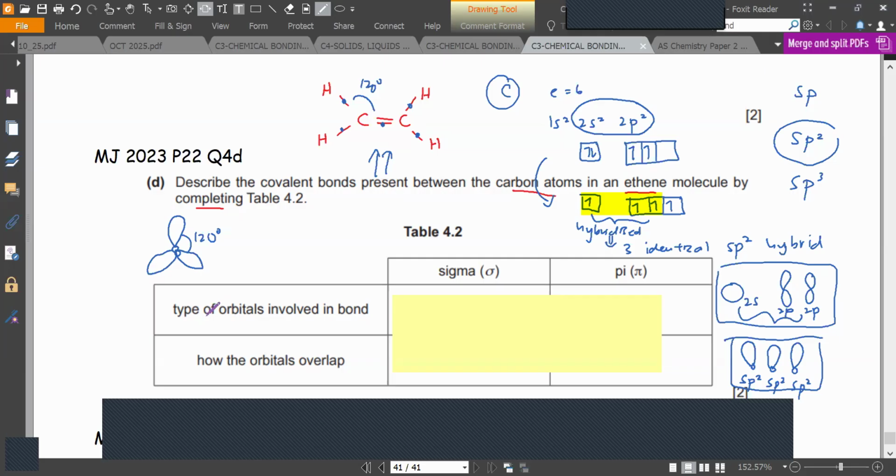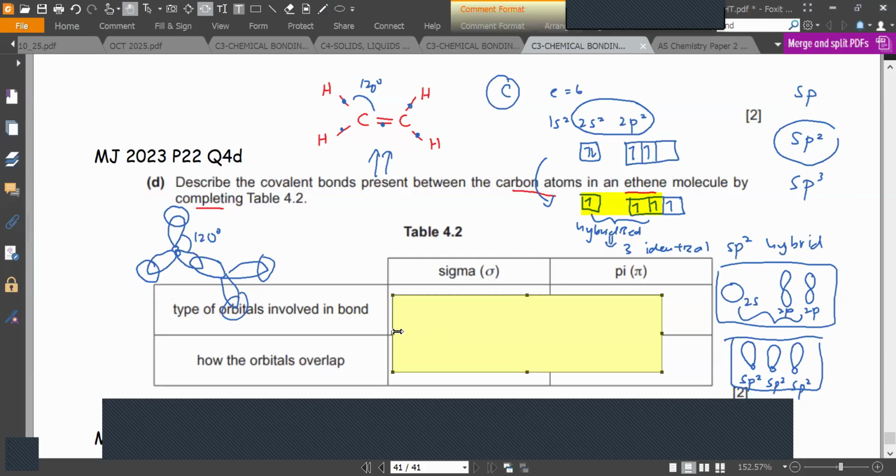So how do the orbitals overlap? Because they form a sigma bond, there will be direct overlap, like this. First carbon and then second carbon. Direct overlap.